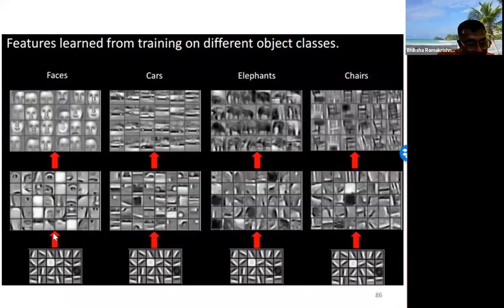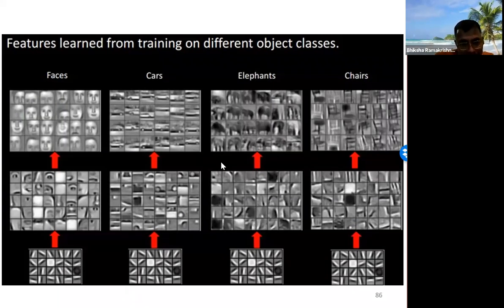For faces, the lowest level neurons get parts of faces as their receptive fields. The higher level neurons get face-like patterns. If you set the network's output to be a car, lower level neurons capture parts of cars. Higher level neurons capture car-like patterns.